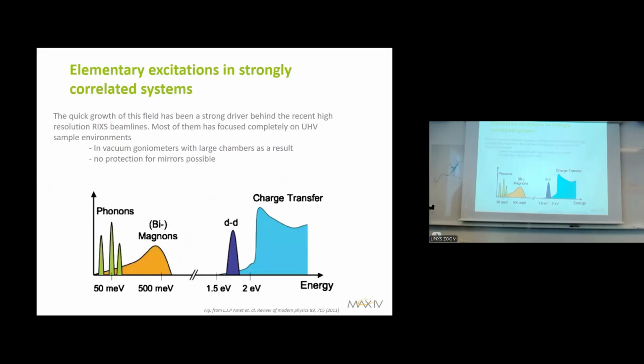Now, a note on the choices of how to design your instrumentation: this is a very famous picture from Ament et al., a RIXS overview paper, and it was found that these energy losses on the elastically scattered photon include all these phonons and magnons, which are very important and interesting things if you look at quantum materials.